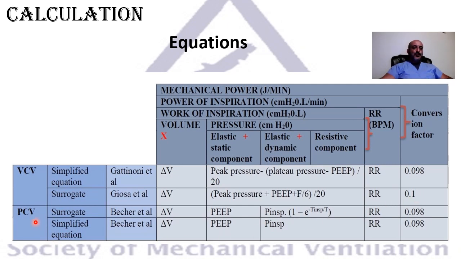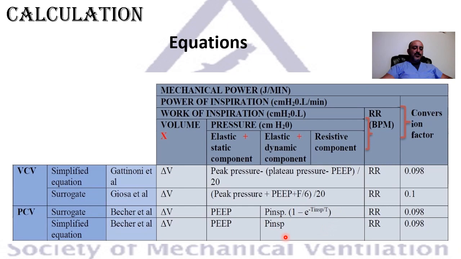In pressure control, Becher and colleagues did this equation, which is simplified a little bit, but it's the same concept. Change of volume, multiplied by the PEEP, multiplied by the inspiratory pressure, with 1 minus elastance with the power inspiratory time, multiplied by respiratory rate, multiplied by the conversion factor.